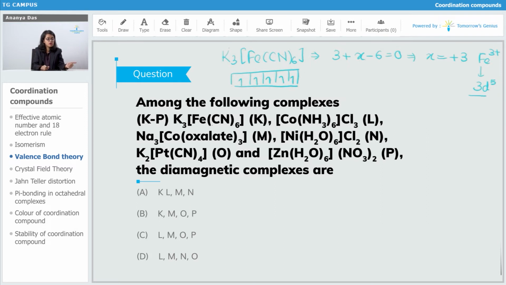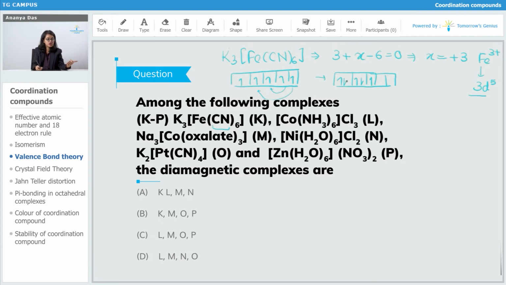Now with iron, CN is present as a ligand. What CN does, to make empty orbitals, is pair up the electrons present in the 3d orbital. So this electron is going to pair up and this electron is going to pair up. So we will get 1, 2, 3, 4 and 5.